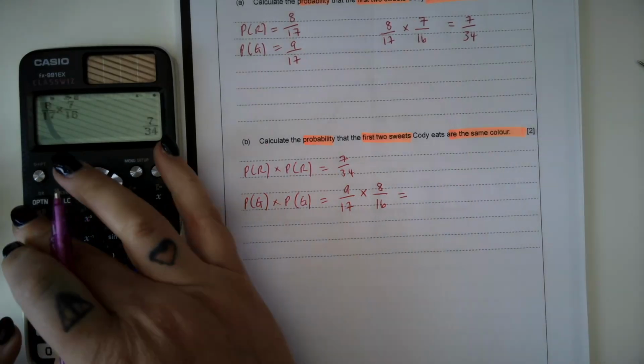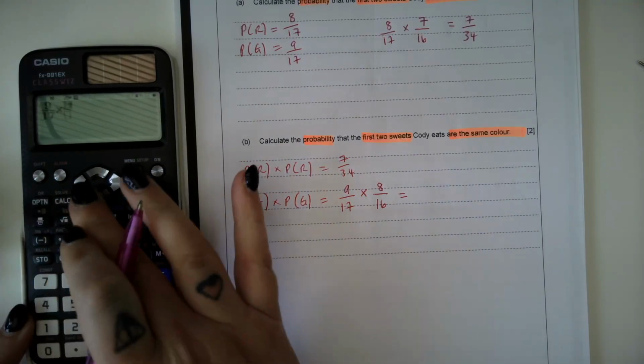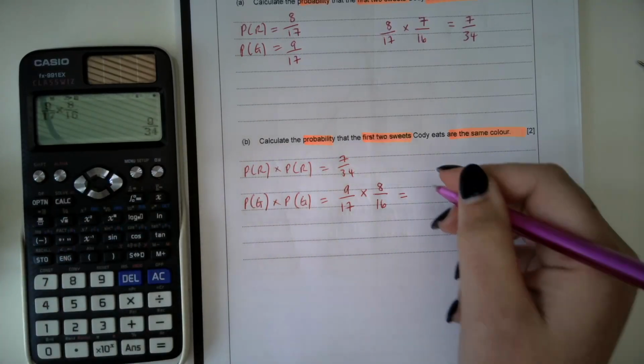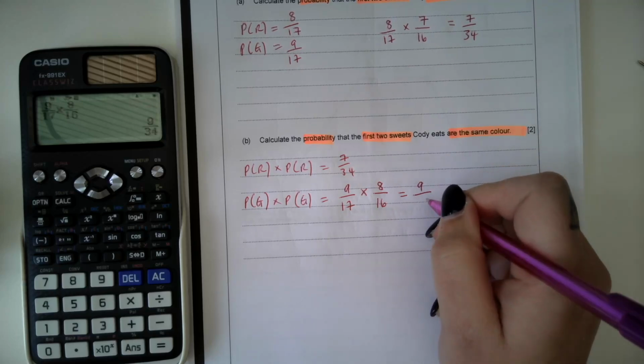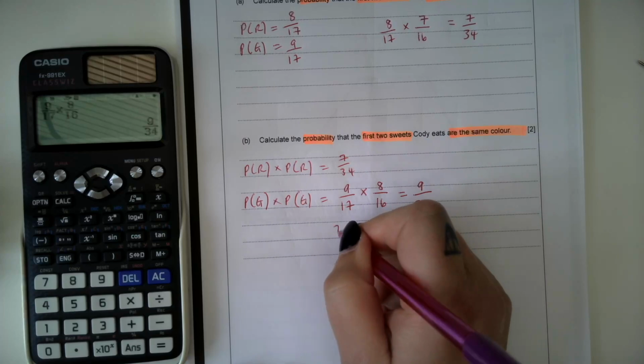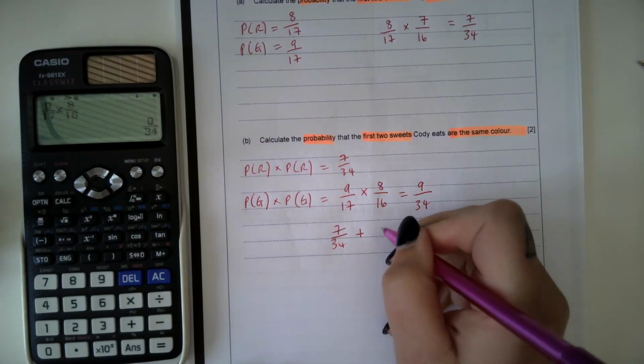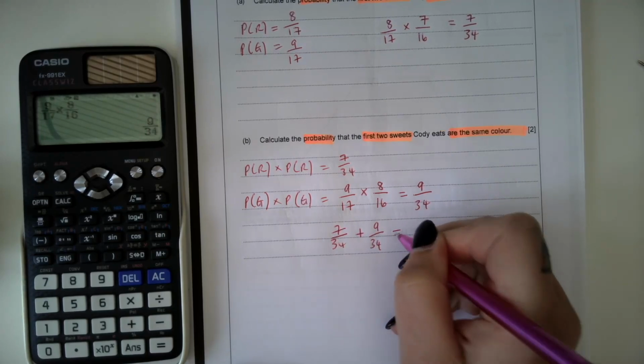So let's stick this into our calculator. 9 over 17 multiplied by 8 over 16. So the probability that both sweets are green is 9 over 34. Okay, so we want the probability that the first 2 sweets he eats are the same colour. So it's 7 over 34 plus 9 over 34.